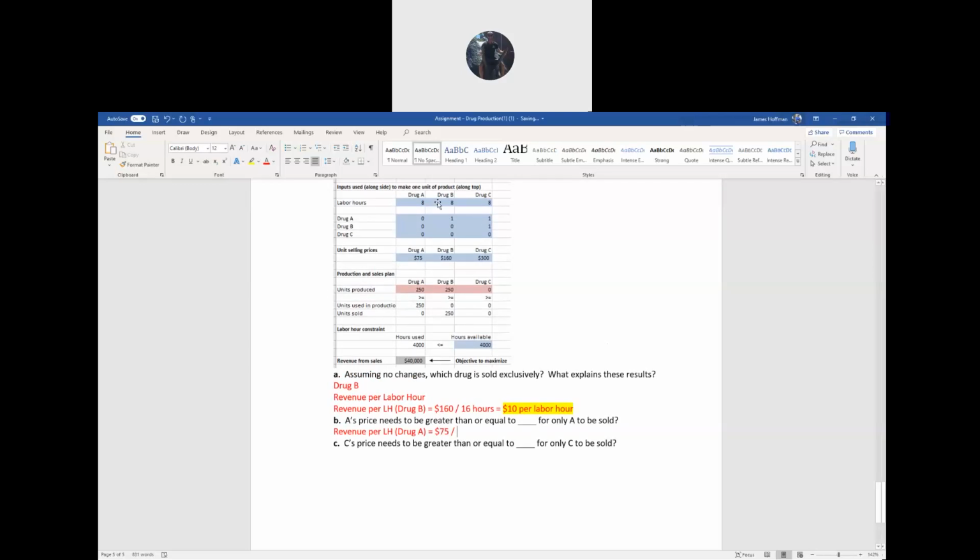It takes 8 hours to make it. Which means we're getting something less than $10 per hour. So 75 divided by 8 is not 10, it's less than 10. It's 9.375. Okay, thank you.